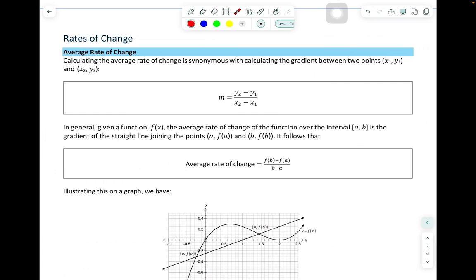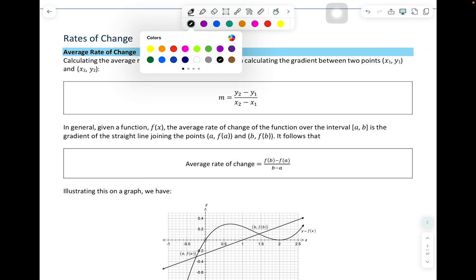So if we have a general function f of x, I'm just going to rewrite this here as y equals f of x, because we're going to start relating this back to the coordinate system.